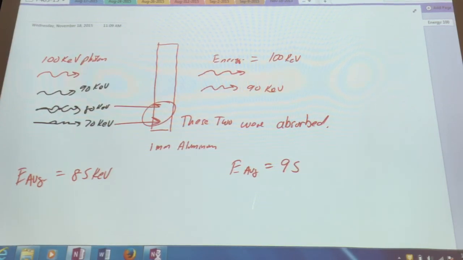It went up. That's what filtration does. It increases the average energy.